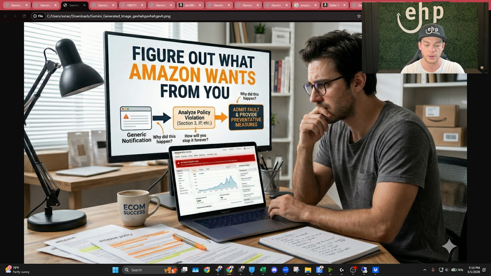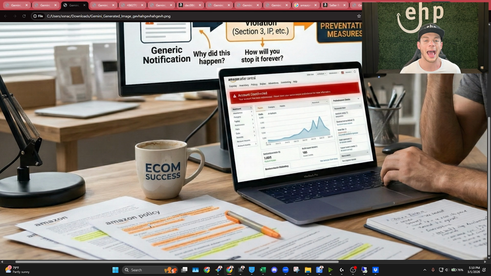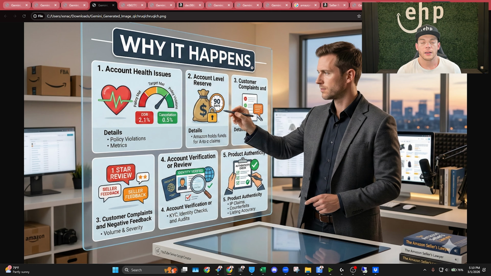And you can see this guy right here, he's going through Amazon's actual policies on his desk, highlighting what the policies are, reading through them. A lot of the time, these suspensions happen for a multitude of reasons, but they're usually the same, whether it's account health issues, account level reserve from too many A-to-Z claims, customer complaints, too many bad feedback, account verification, or product authenticity.